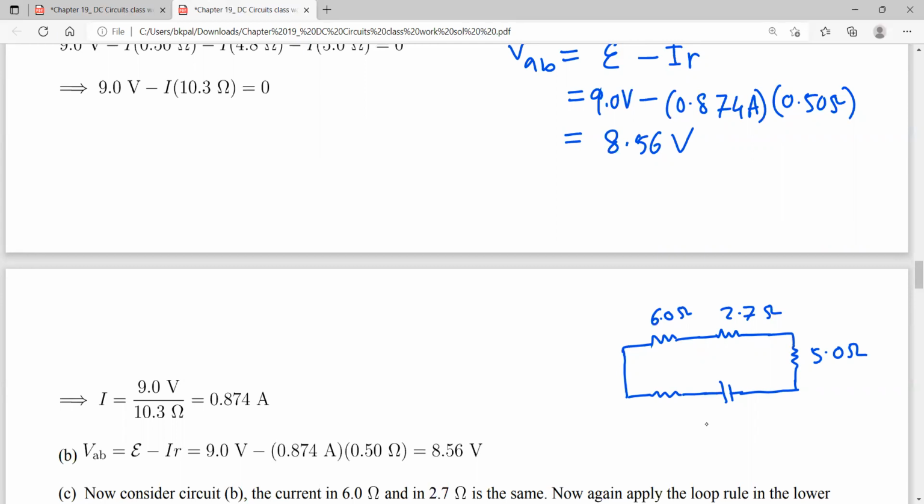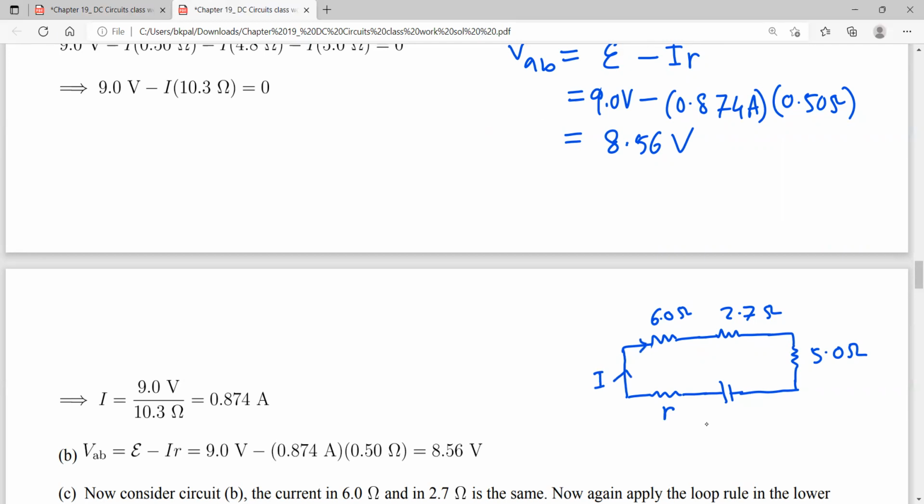Now you have to understand that this current and this current are different. Here we just draw the lower part of the circuit, not the complete circuit.